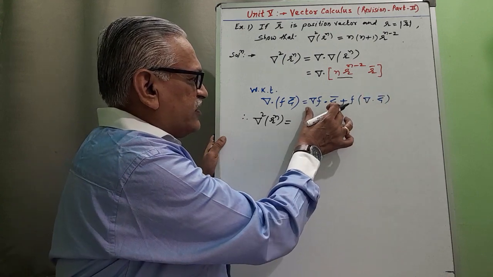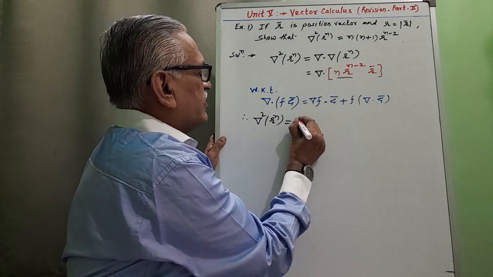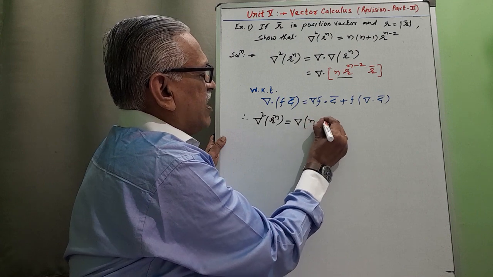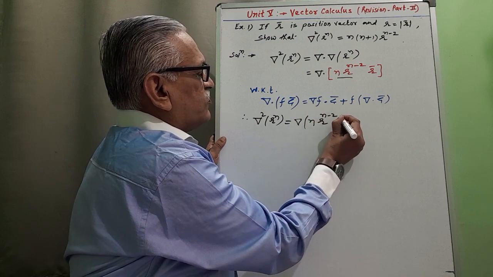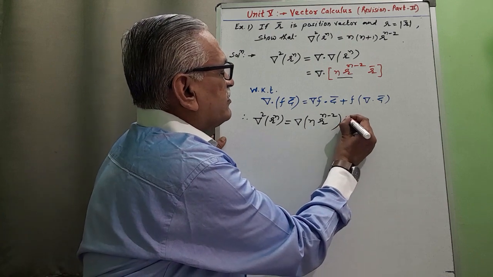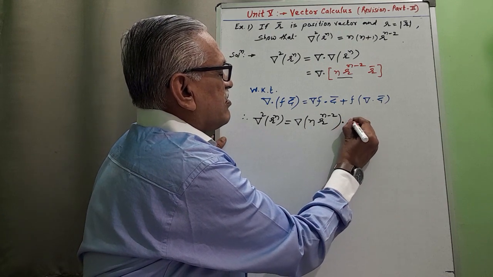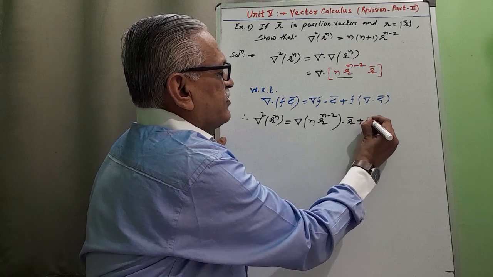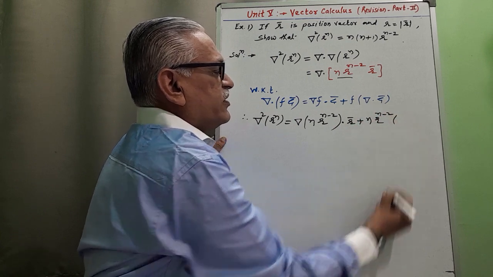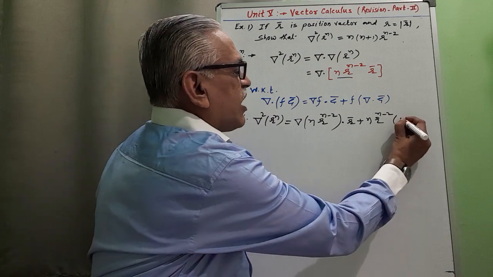Therefore applying this result, it is del f, which means del of n r raised to n minus 2, a dot product with r bar, plus f, which is n r raised to n minus 2, into del dot g bar, which means del dot r bar.